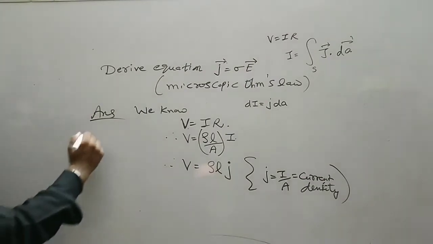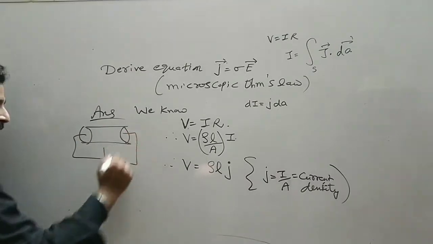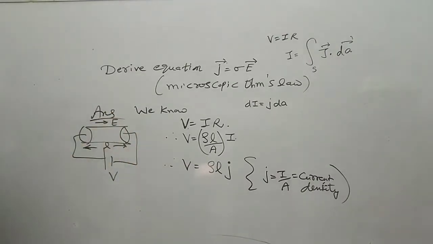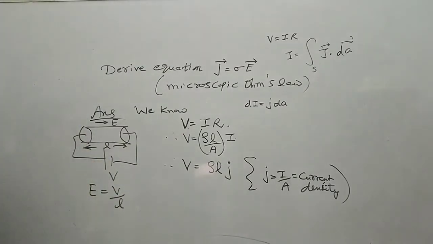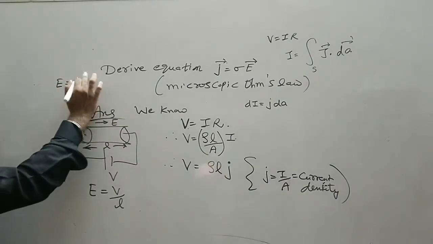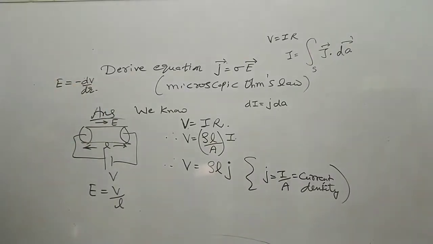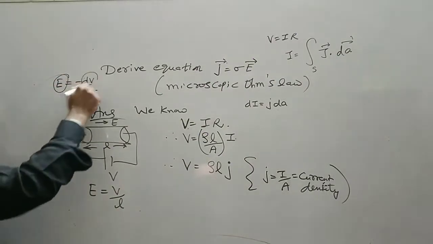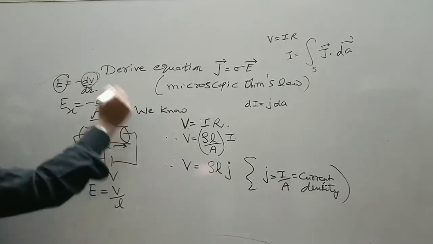Now, when the potential difference V is established, the electric field is E and the length of the conductor is L. So in this situation, E is written as V by L. We started in chapter 1 with the general formula E is equal to minus dV by dr. We know that one is a vector quantity and the other is a scalar quantity, so we found the component Ex is equal to minus del V upon del x.